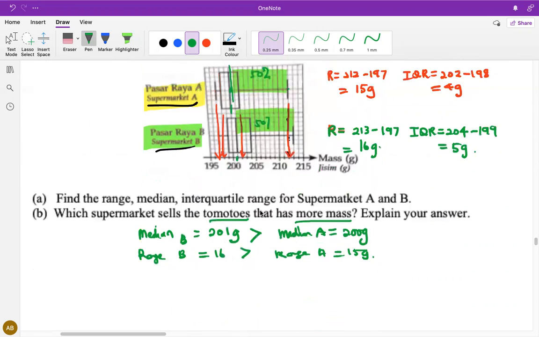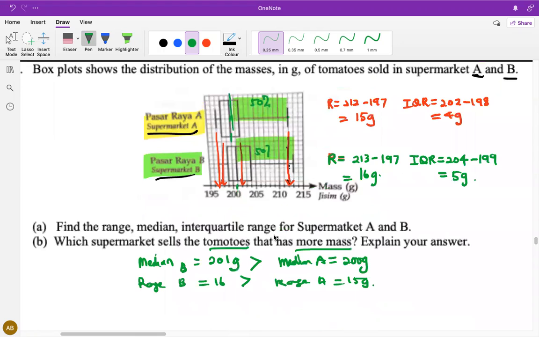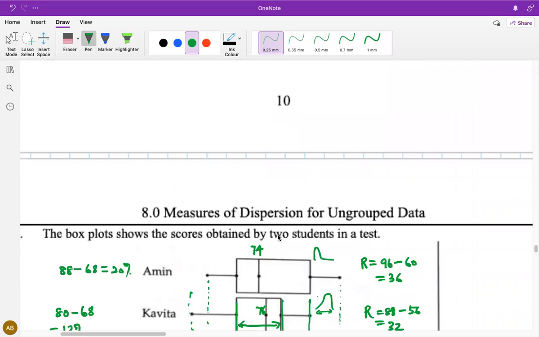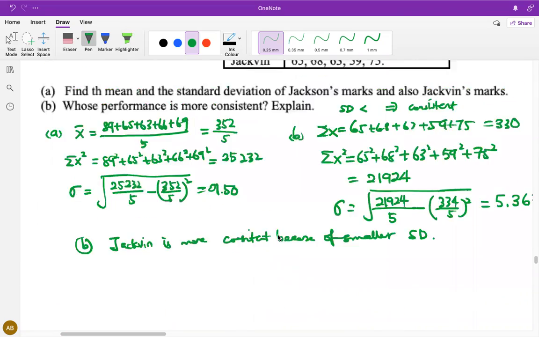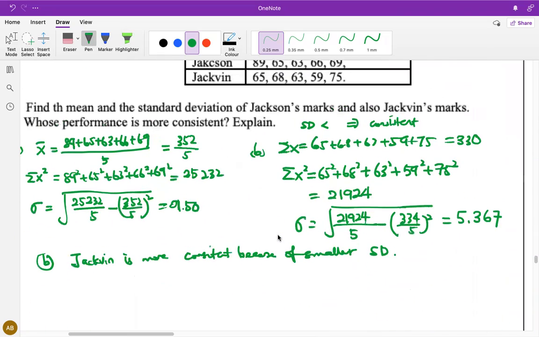So then you can conclude that supermarket B sells tomatoes with more mass than supermarket A. Then question 4 tells you that Jack Fin is more consistent because of the smaller standard deviation.